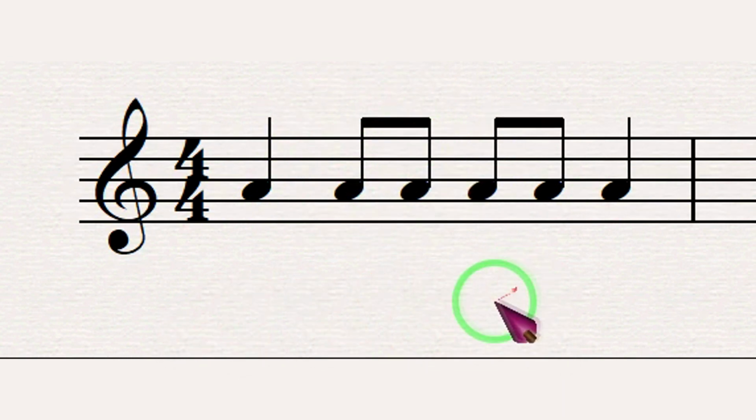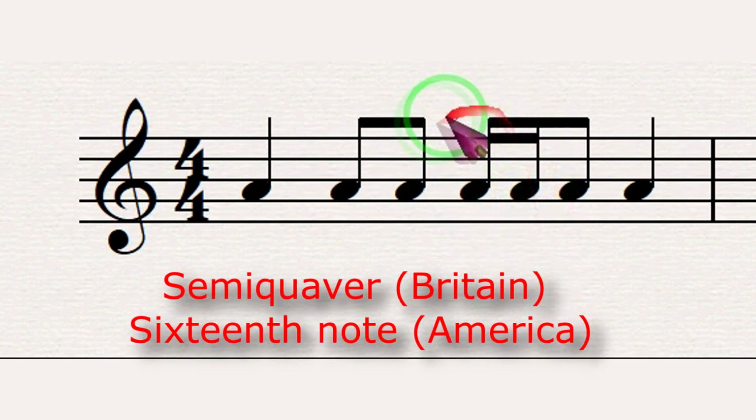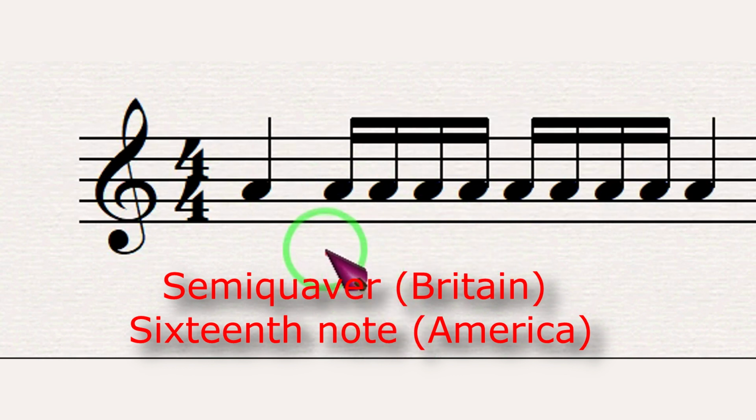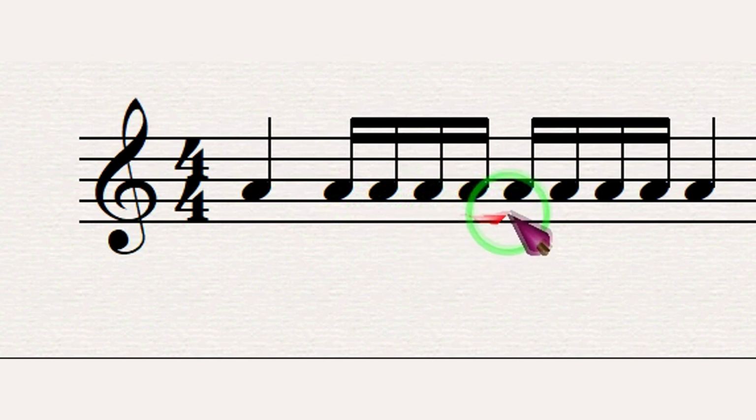I can take at the same time one of the quavers or 8th notes and divide it in half, creating 2 semiquavers or 16th notes. I perhaps can take all the quavers and subdivide them into 16th notes or semiquavers.